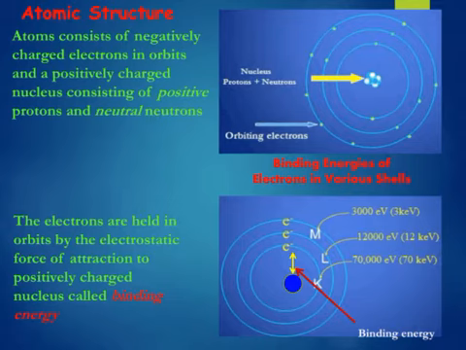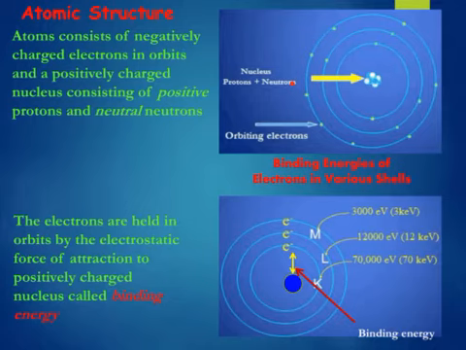So the atom, as we all know, is the smallest unit of matter. It has a positively charged nucleus and negatively charged electrons surrounding the nucleus in fixed energy levels, which are called orbits. The nucleus has protons, which are positively charged, and neutrons, which are neutral, that means no charge.